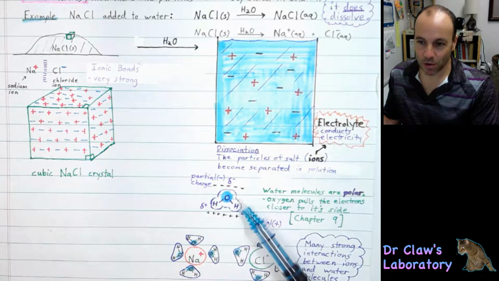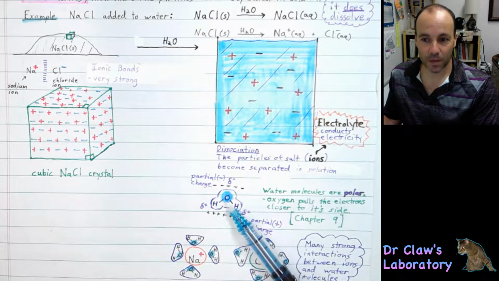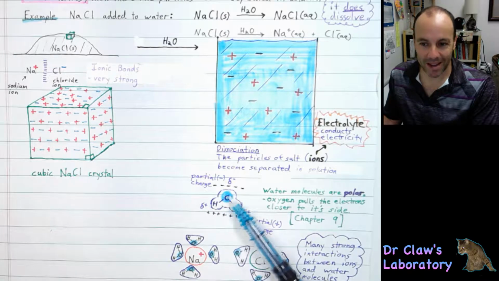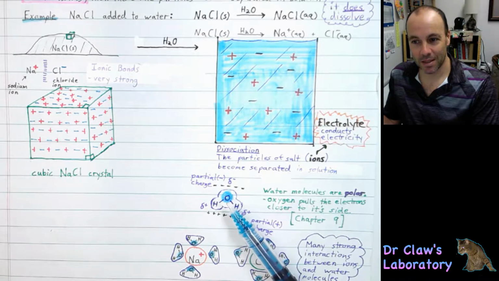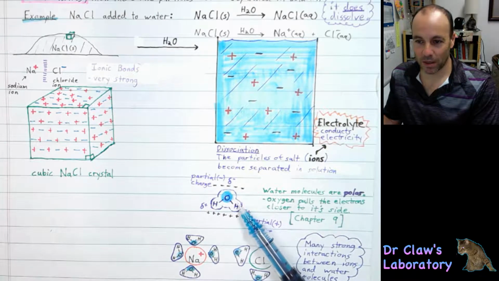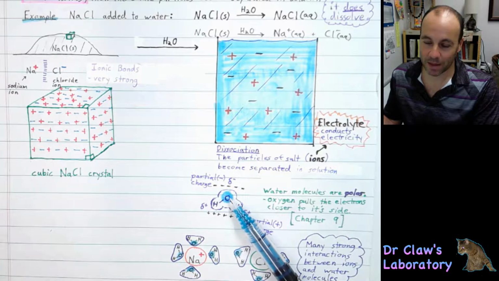There's something special about oxygen that allows it to do that. So you see, oxygen is connected to hydrogen through covalent bonds. They're sharing electrons between them, but oxygen kind of pulls them to its side of the bond. And same thing over here, it's pulling the electrons between it and this hydrogen to its side of the bond.